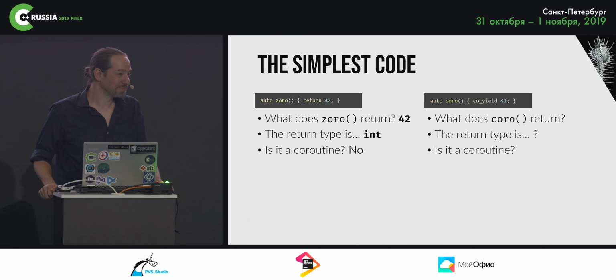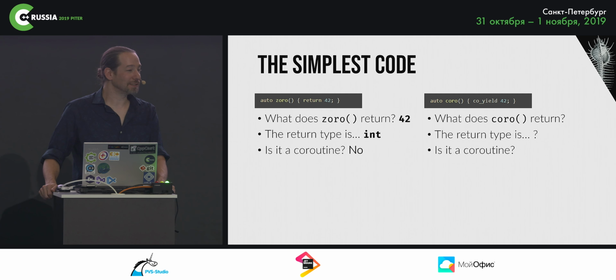Okay, and another question. So C++20 is not complete yet, right? True. Is there any chance we get rid of this ugly co_ prefix? Not in C++20. The answer is not in C++20.